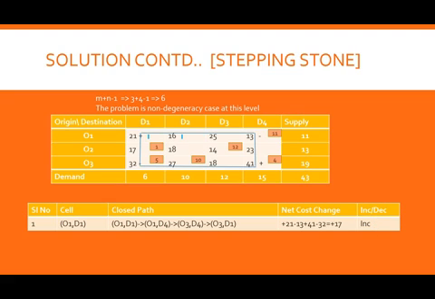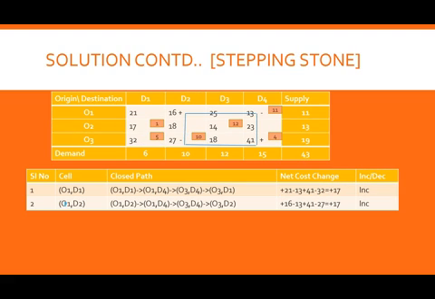Now I will take the next unoccupied cell, O1D2, as the reference. Once again, I'll have to construct the closed loop. O1D2 is the reference, then O1D4, O3D4, then O3D2.